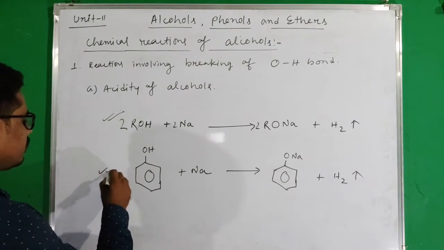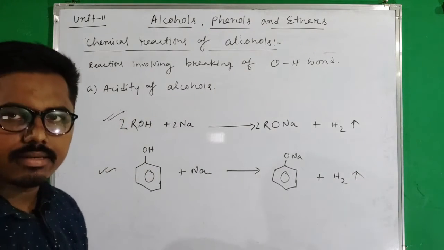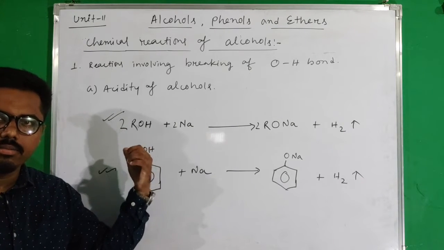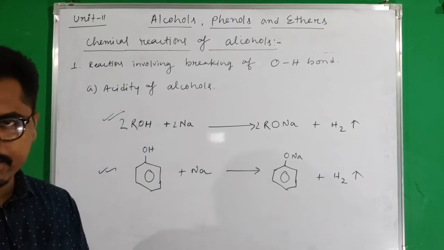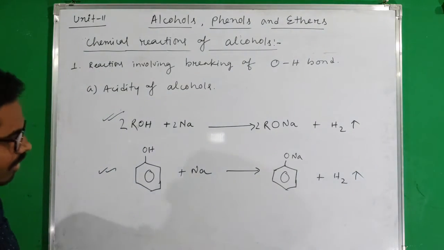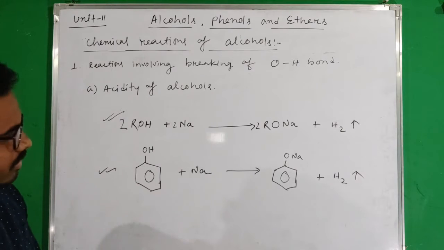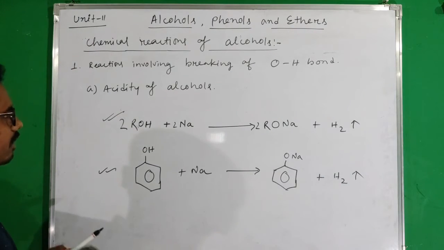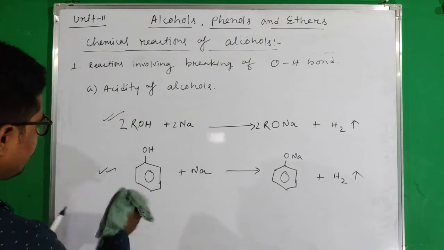So both alcohols and phenols are acidic in nature. So these two chemical reactions prove that alcohols and phenols are acidic in nature. But now we will compare the acidity of alcohols and phenols.